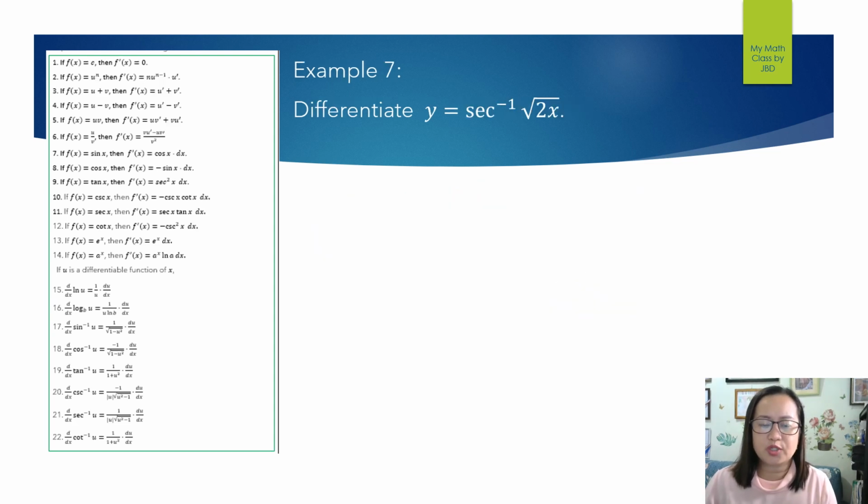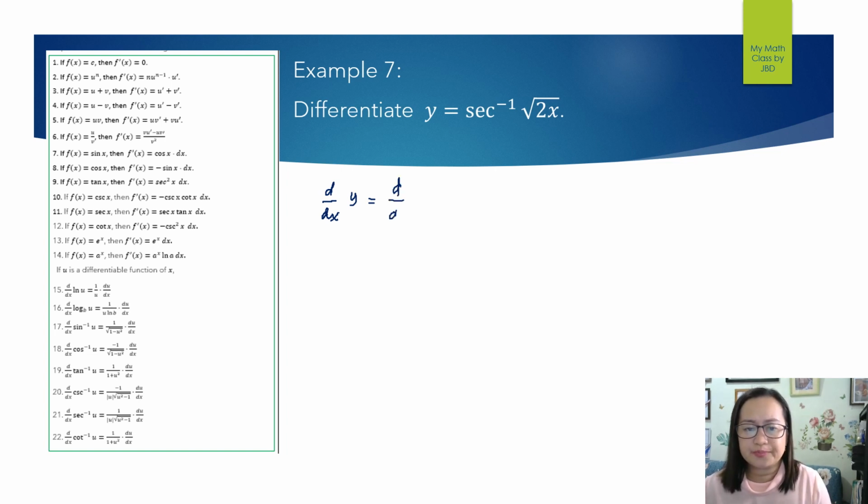Now let's work on an example involving inverse trigonometric functions. So just like what we did in the previous example, we get the derivative of the expression on both sides. So we will have this. Now to get the derivative of y with respect to x, we will have dy/dx.